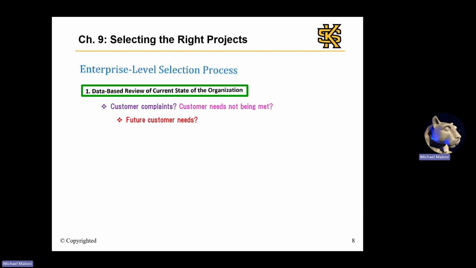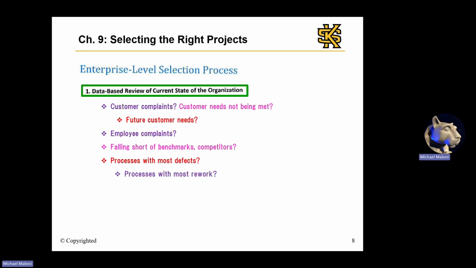And then we also might consider employee complaints and their general feedback, as well as areas where the organization is falling short of benchmarks and/or competitors. And then looking at processes, we might consider those with the most defects, as well as those with the most rework, or maybe the slowest processes, or perhaps the most expensive processes, or in general, obstacles that are inhibiting organizational goals.